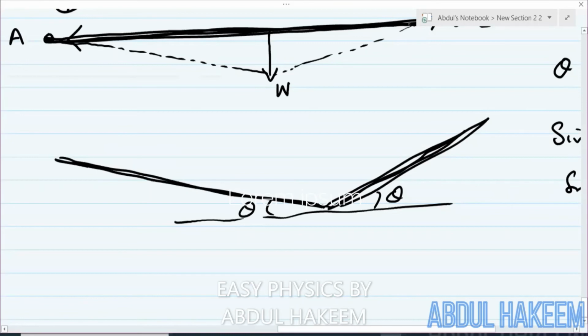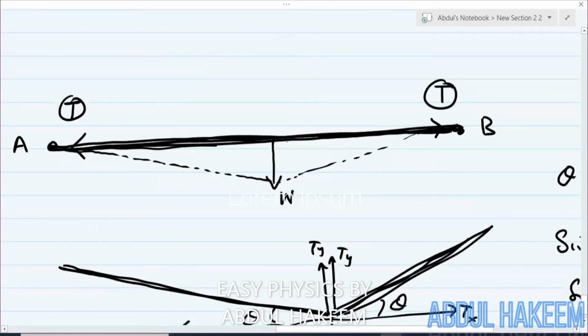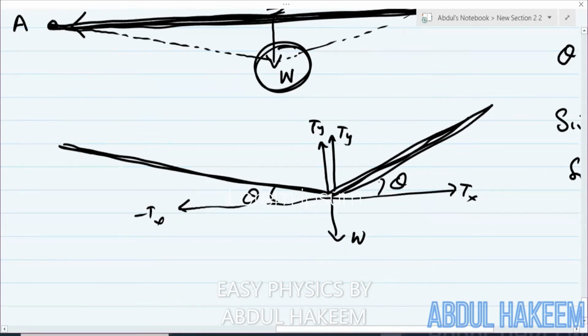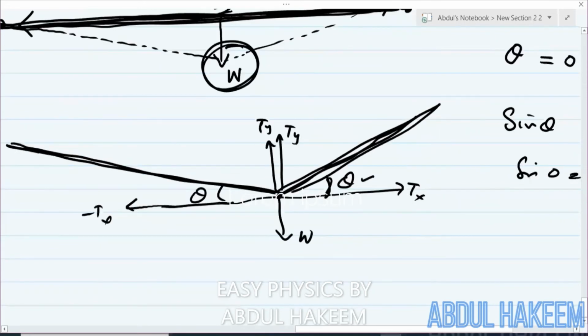So the weight is still requiring the vertical component. So this is Tx, this is minus Tx, balancing each other, and the weight is here. This weight requires the vertical component Ty and Ty. So we cannot make the rope straight horizontal because the weight is acting downward. So upward force must be required to balance it. So this rope at the center is making some angle with the horizontal for its vertical component.